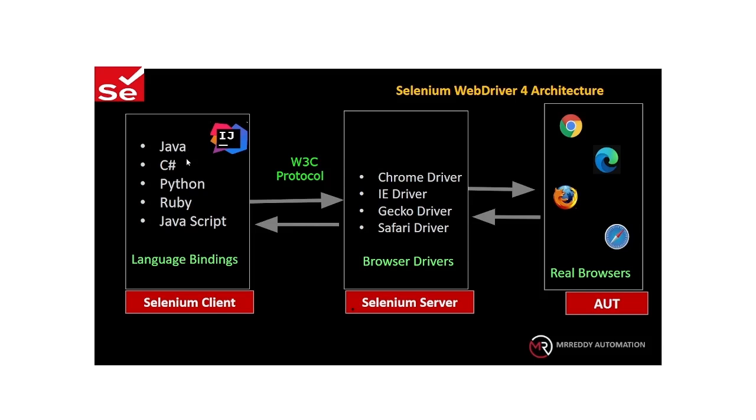It could be Java or C Sharp or Python or Ruby and JavaScript, etc. Next, W3C protocol. It acts as an interface between language bindings and browser drivers. Next, browser drivers. It acts as an interface between language bindings and real browsers. A real browser is nothing but an application.